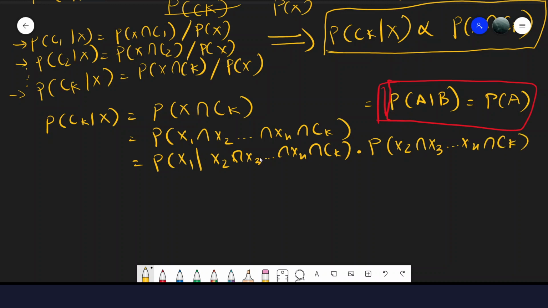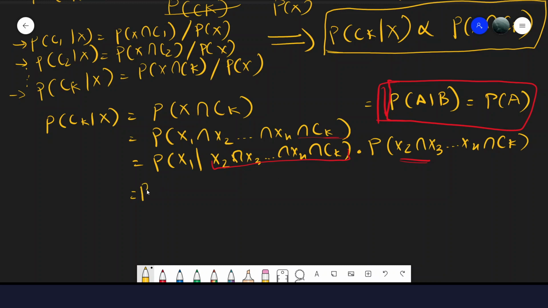If you just expand this, you'll get this part in the denominator, and that denominator cancels out with this over here, and ultimately you'll be left with just this part. So that's all I've done. I've just expanded it and changed it a little bit to finally arrive at the formula.